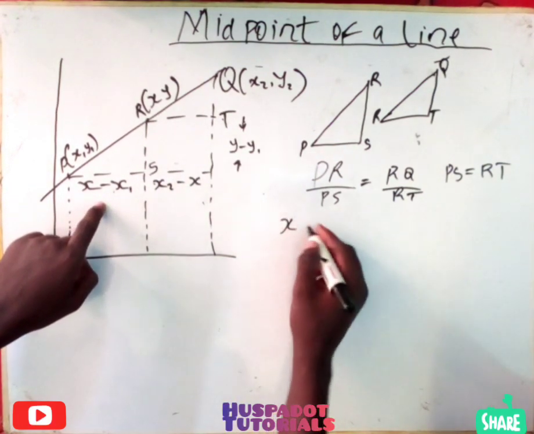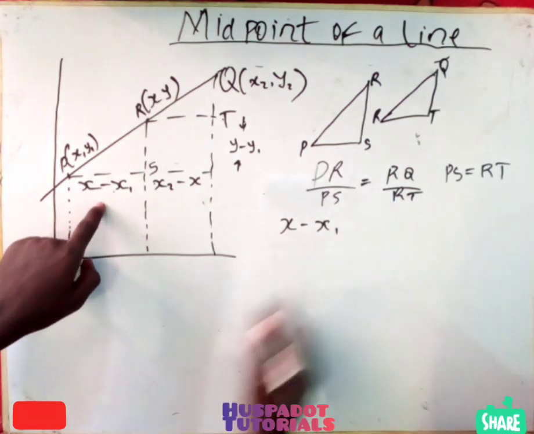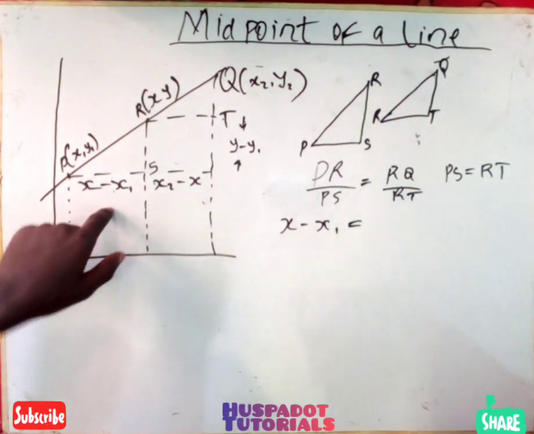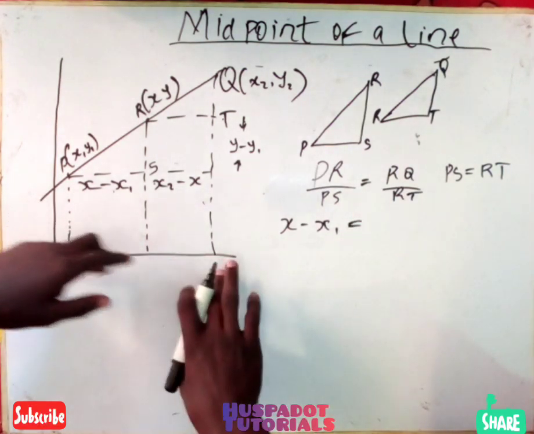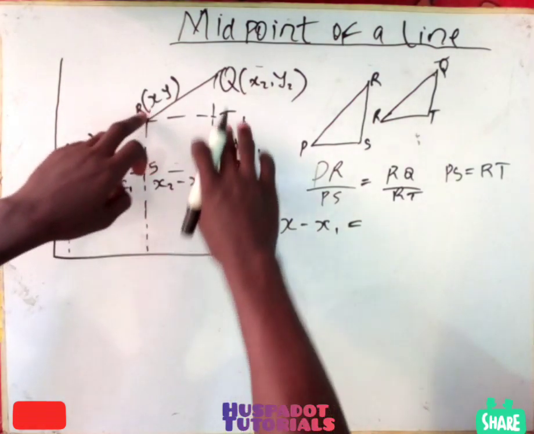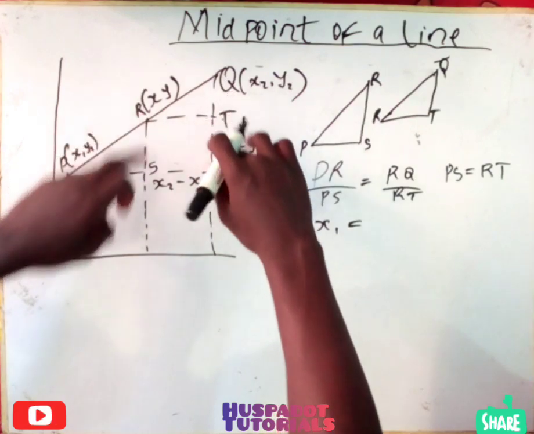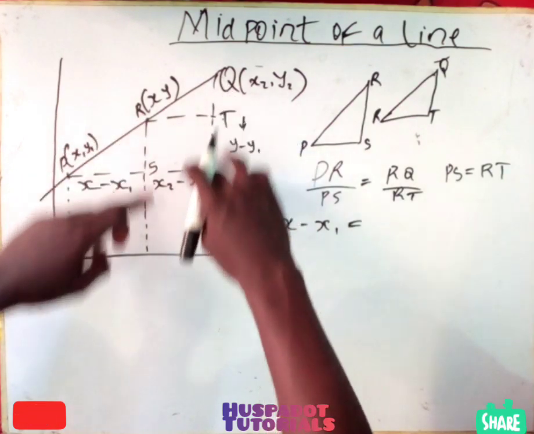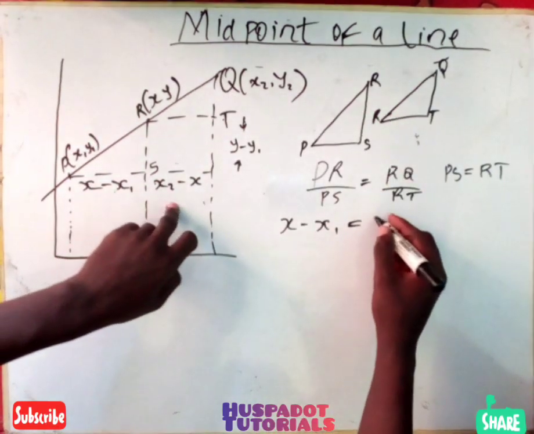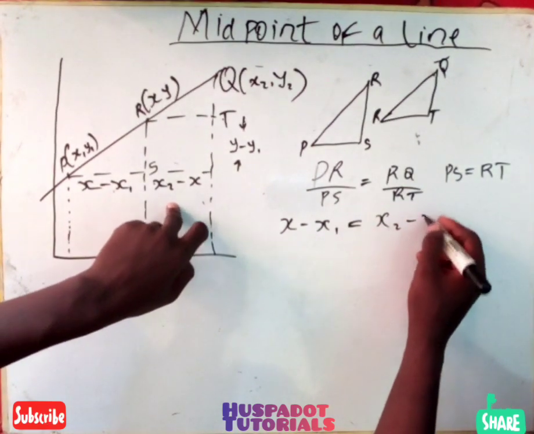So x minus x1 is equal to RT. This is x2, this is x. So the distance RT is x2 minus x.